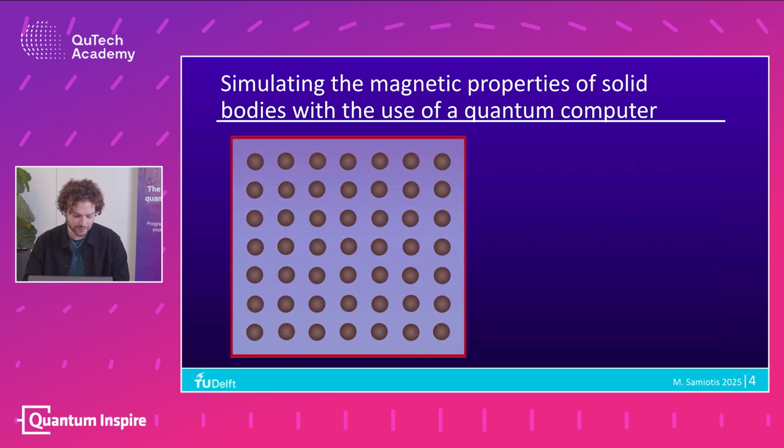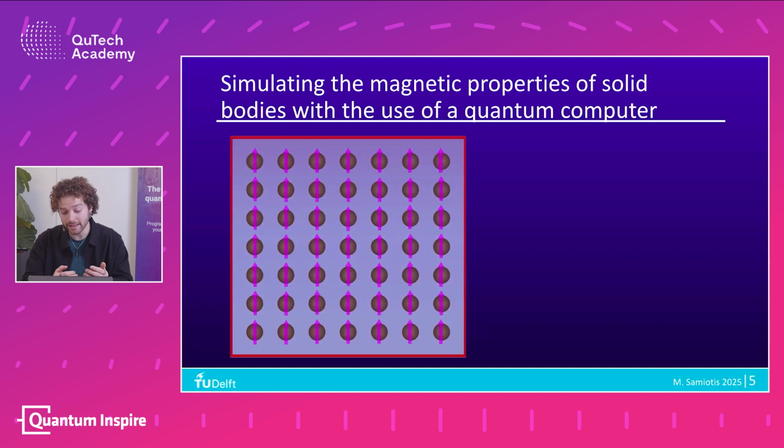Maybe some of you might have followed an elementary course on quantum physics or maybe chemistry. The valence electrons of the atoms that make up a solid, which are basically the electrons at the outermost shell of the atom, can give a non-zero magnetic moment, so these atoms have a magnetic moment.